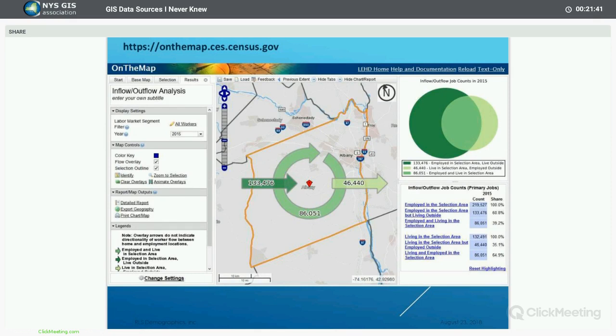And what you can then do from that, this is just an example of Albany County, you can look at the 86,000 people who live and work in Albany, 133,000 people who live outside of Albany County and work in Albany County, and 46,000 people who live in Albany County and work outside. That's just one way that you can look at the data.